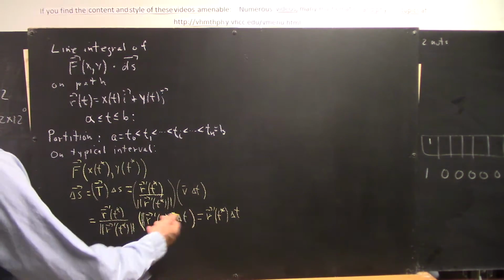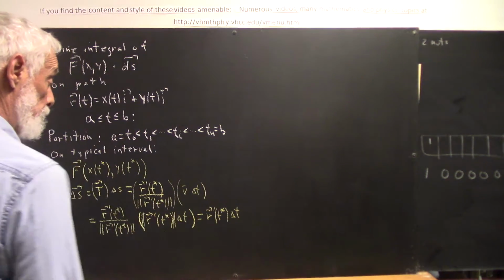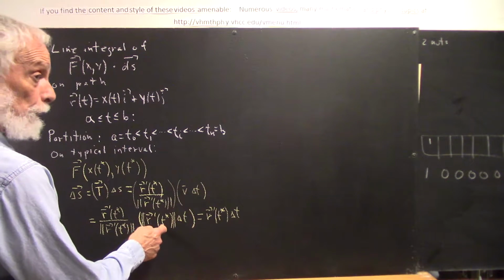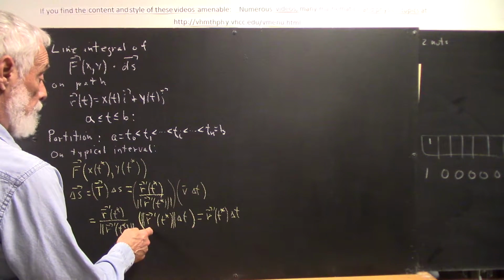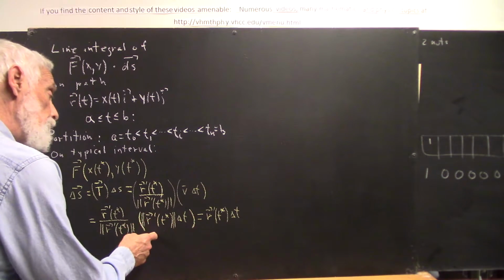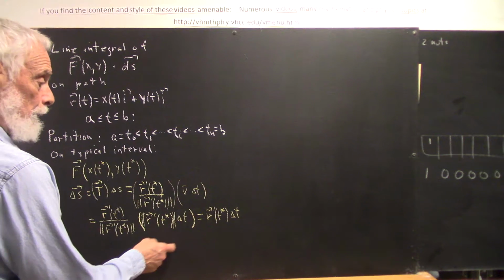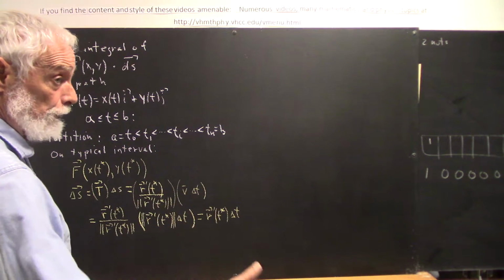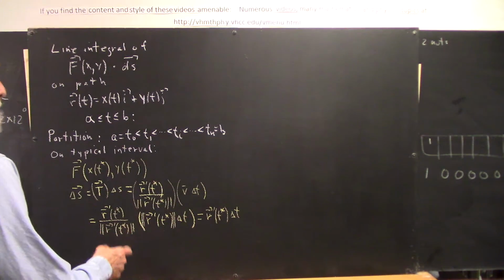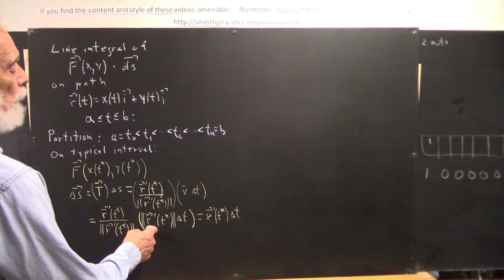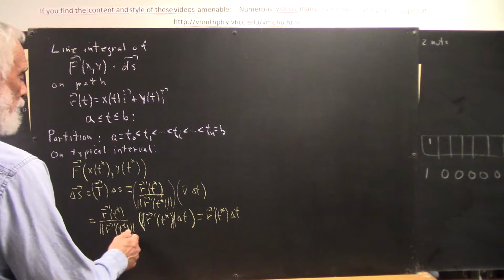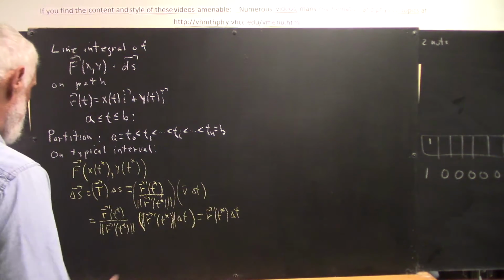But if you skip that, you're not going to understand what this means. Another thing this means is the rate of change of r with respect to t, whether t means time or not. And then we're multiplying by the change in t. If we take the rate of change of r with respect to t multiplied by delta t, we get the change in r. So one way or another, this is going to be the magnitude of our change in r, and that's what this is. It divides out, gives us this.